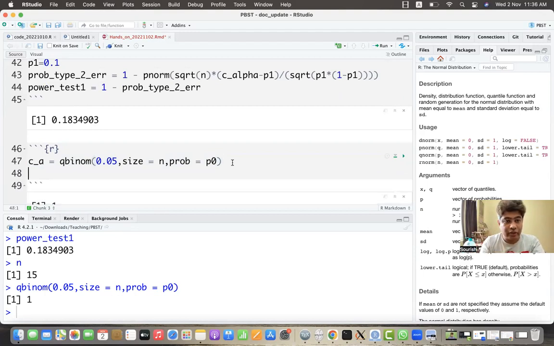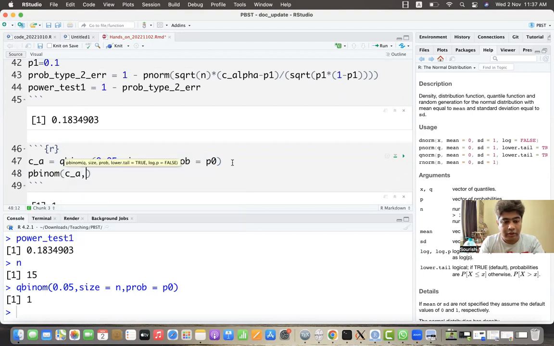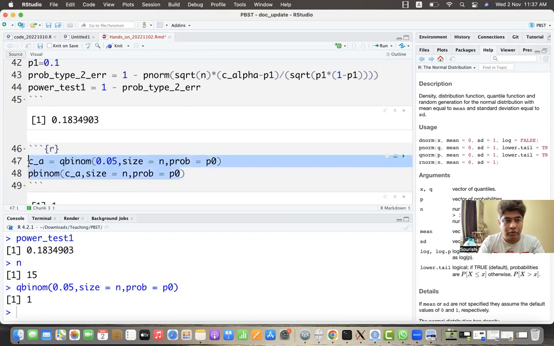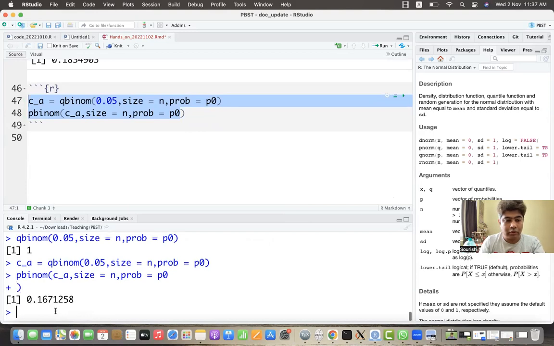Now, if I actually use, say, P binom of CA, size equal to n and probability equal to P0, what does it mean?